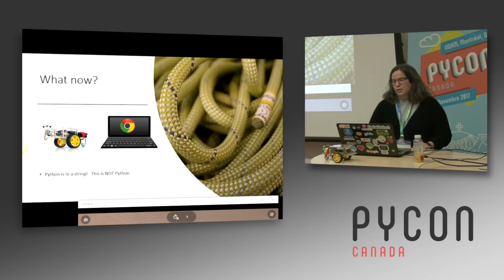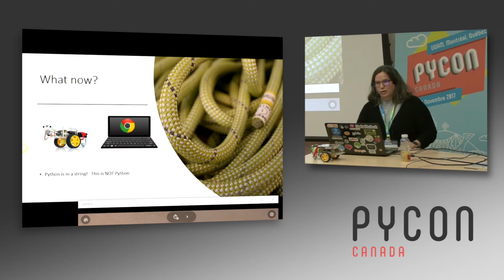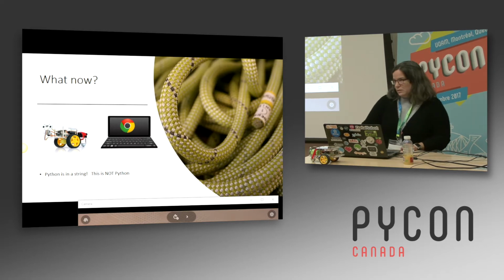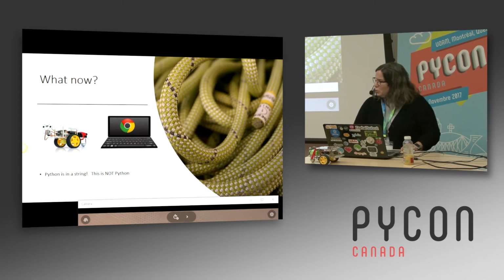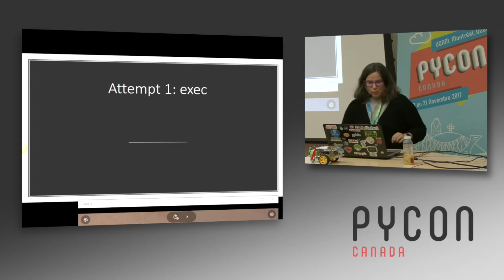Blockly gives you a string that contains your Python code. It does not actually give you Python code. So for a few seconds I was like, okay, what do I do with that? I have a string of Python code. Of course, I went to Google, and there's an exec function. Fine, that works perfectly.